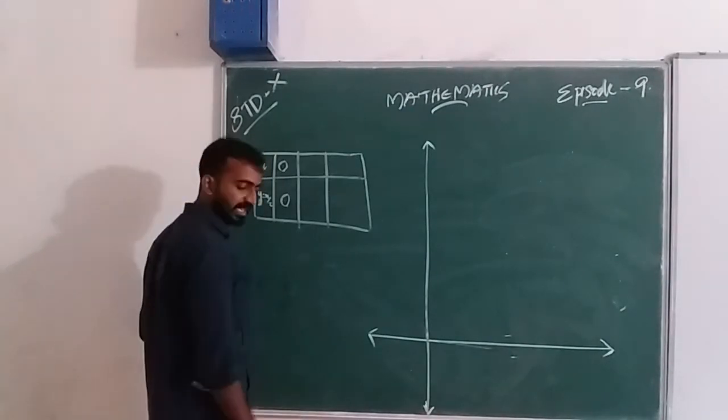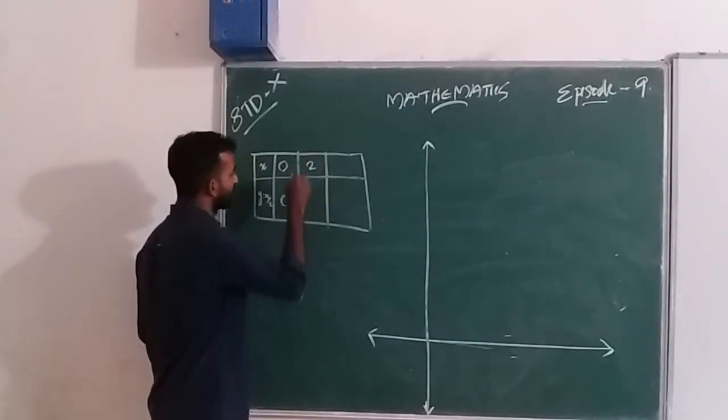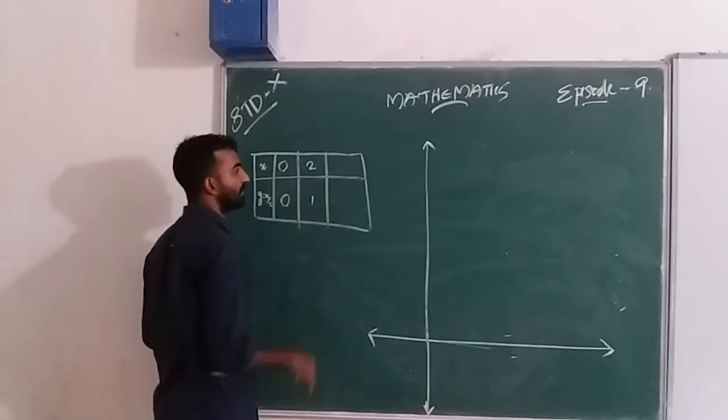When we take x equal to 2, then x by 2 is 1.